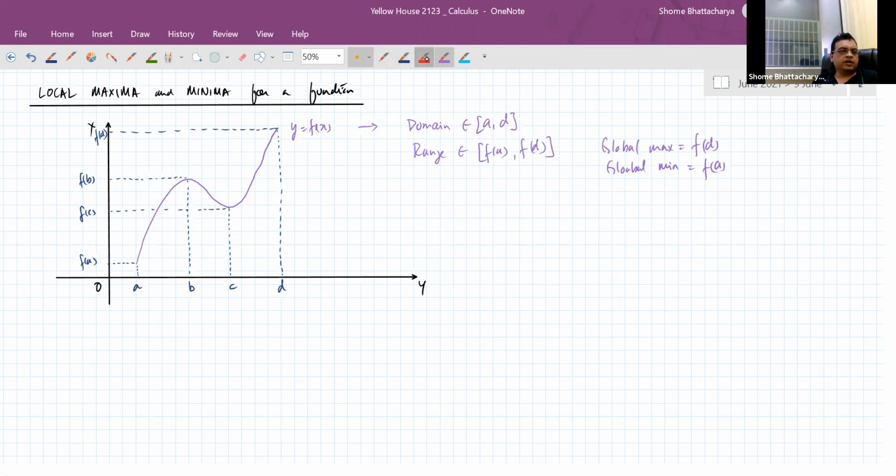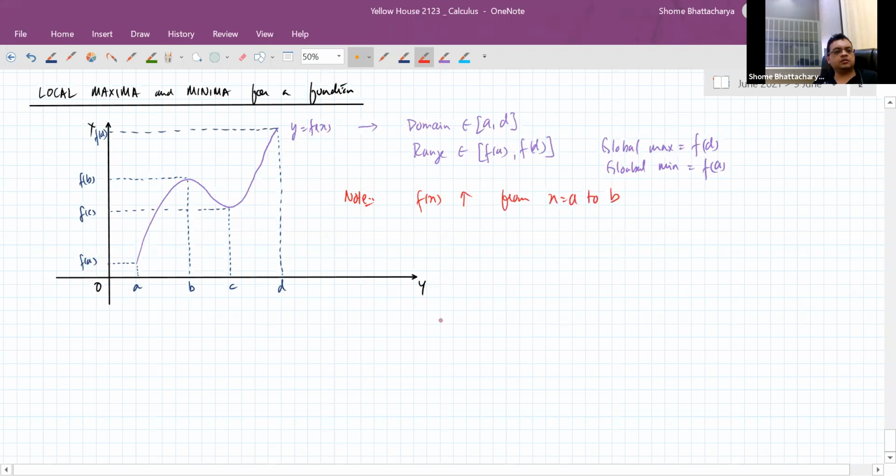Okay, but now pay attention to the point b, and it has something very interesting here. What is happening is that the function f(x) increases from x equal to a to b. Okay, and then the function decreases from b onwards up till c.